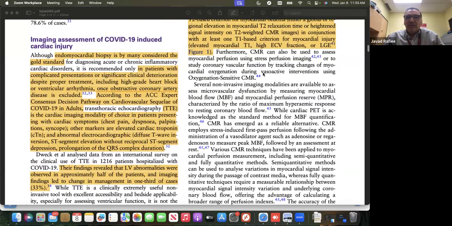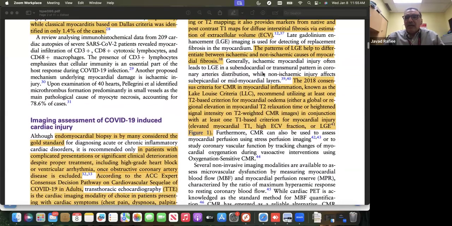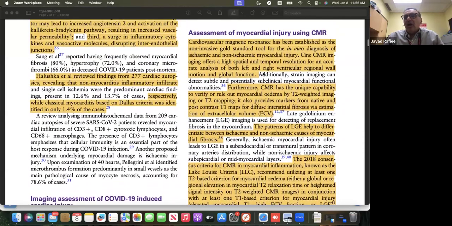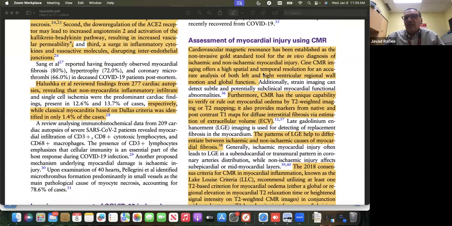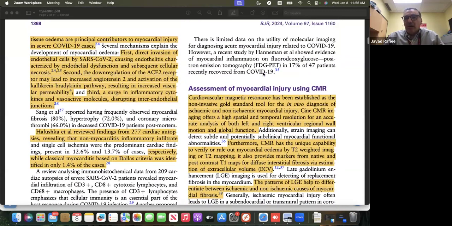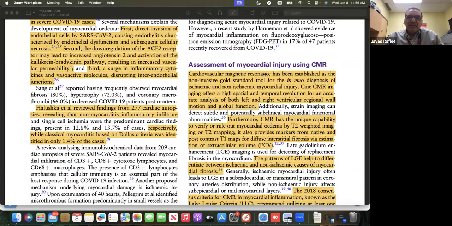As we discussed before, the main mechanism of myocardial injury in this group of patients was myocardial edema.